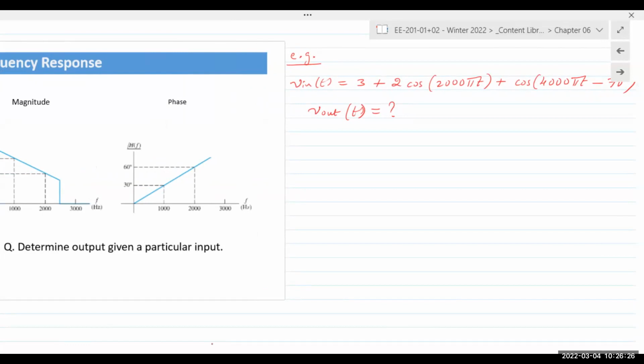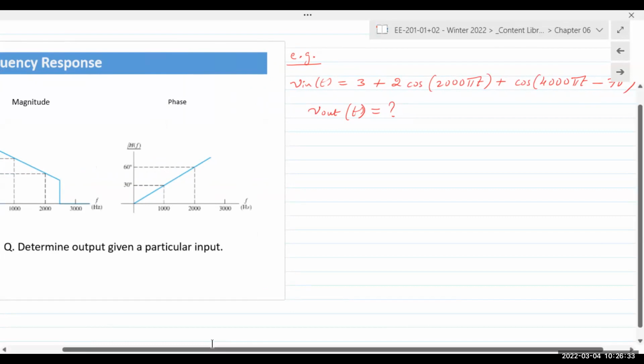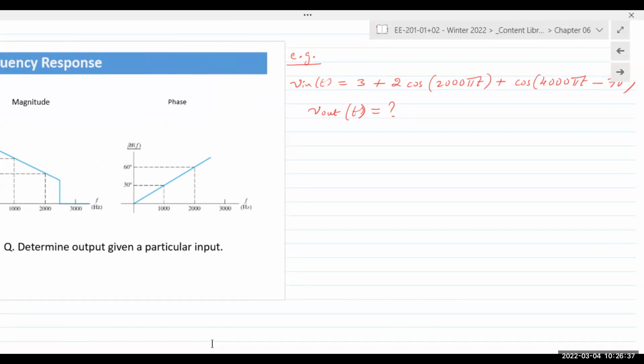First thing, let's inspect. V in of t is comprised of 3 components, and those 3 components all have different frequencies. Here we have 4000 pi. In the middle, we have 2000 pi. And the first component is basically a DC voltage. It doesn't even have a frequency. It's simply a constant value of 3. If you represent this, it will simply be cos of 0t, f is equal to 0.